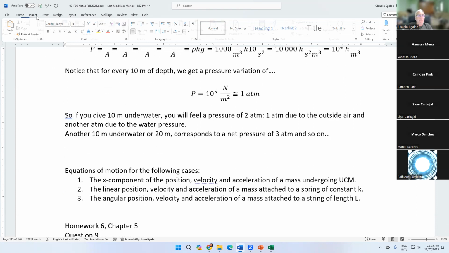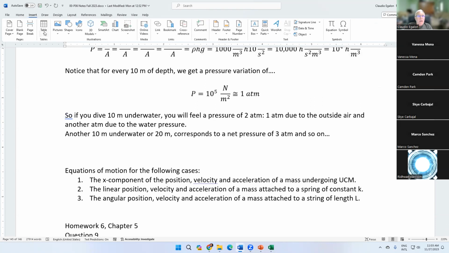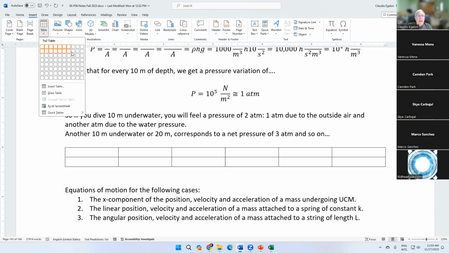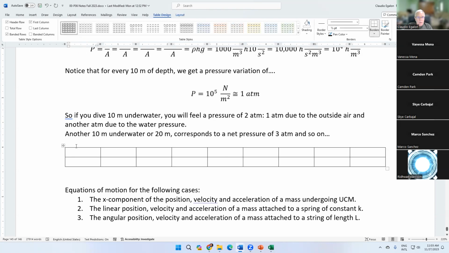So I'm going to even put a table here. Insert table like that. I don't want the table to go too deep. Okay, H stands for depth. And I want lowercase h: 0, 10, 20, 30, 40, 50, 60, 70.